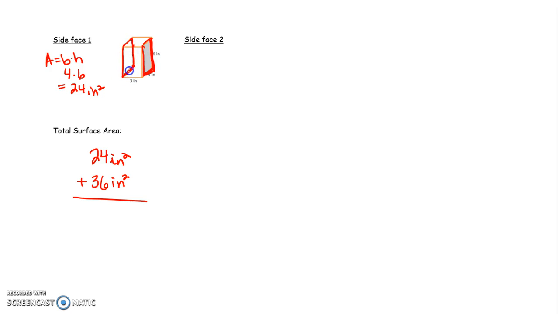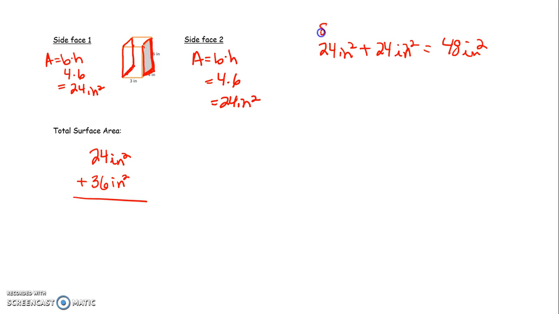That one would also be 4 by 6, so the area of that, base times height, is 4 times 6, or 24 square inches. Then I can do 24 square inches plus 24 square inches, or 24 times 2, which gives me 48 square inches for the area of side face 1 plus the area of side face 2. They're going to match. The sides of the box have to match up. So I'm also going to add on 48 square inches.